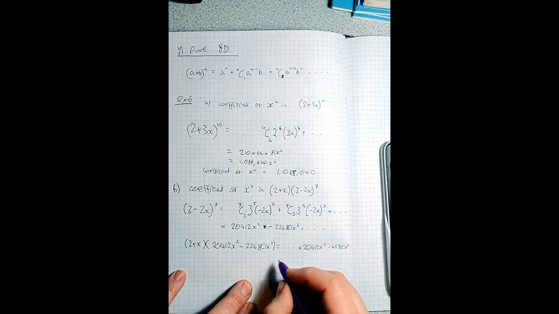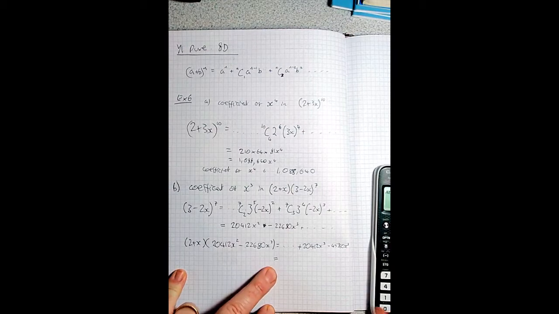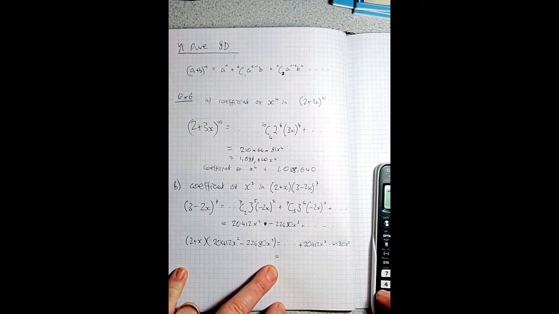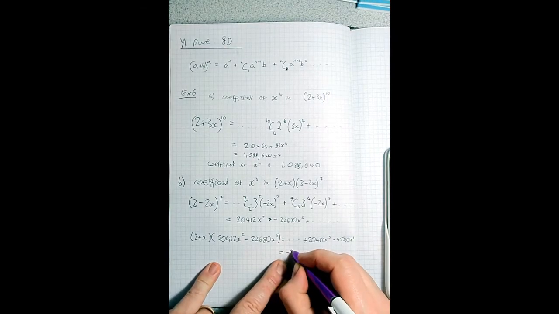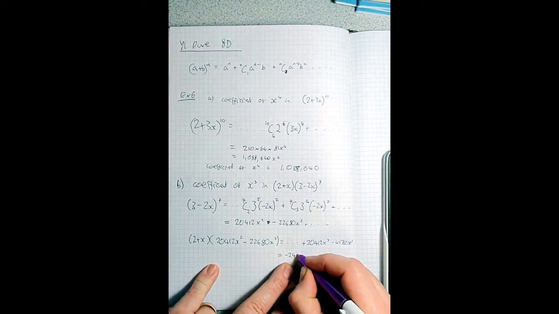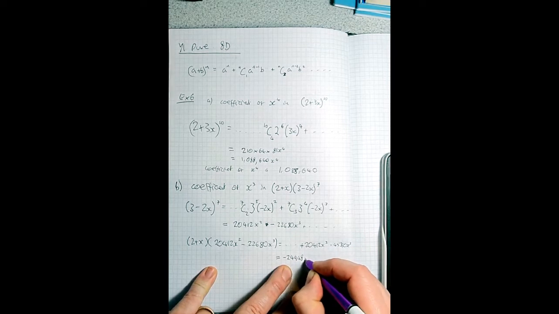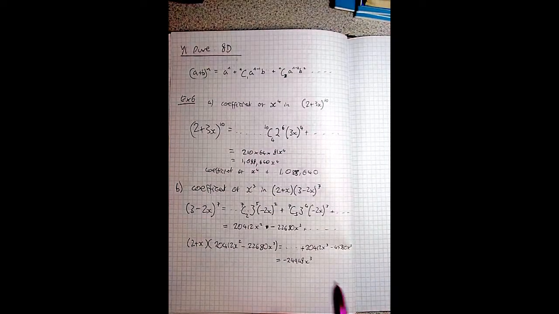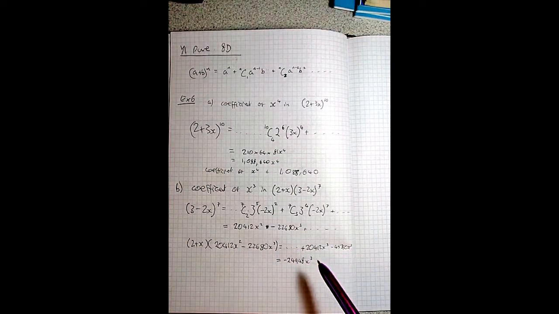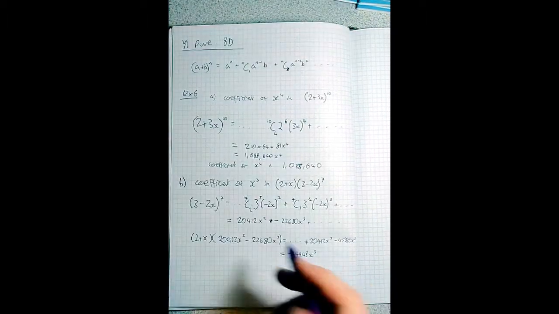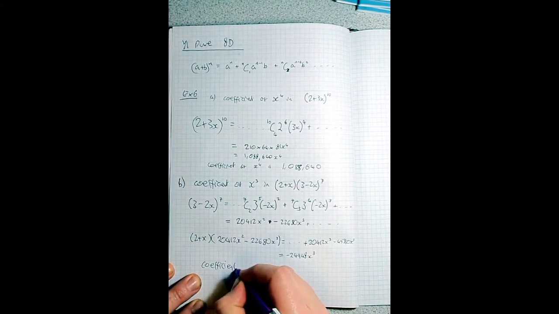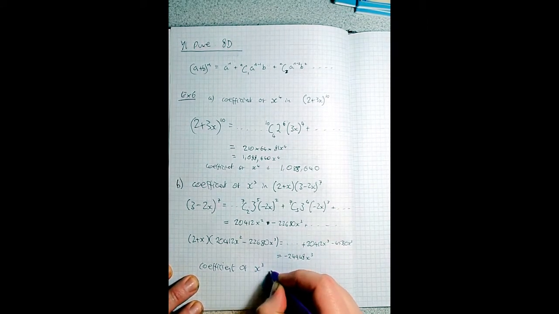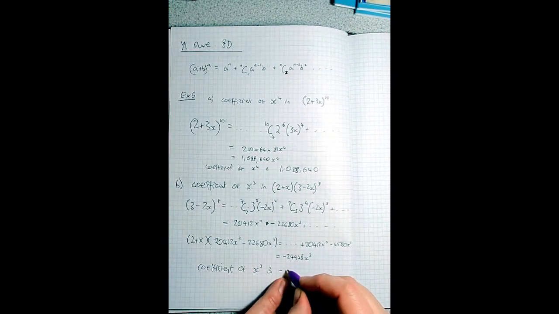I don't care about the rest of it, so in total that's minus 24,948x^3. I'm not saying that's the only term in the expansion, but the coefficient of x cubed is minus 24,948.